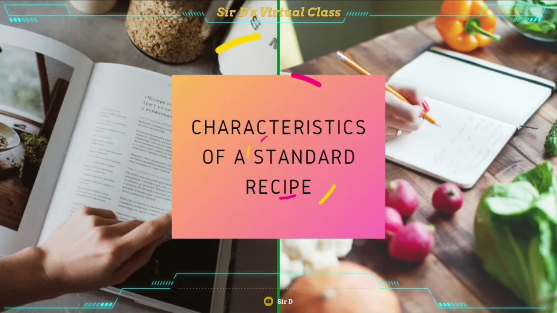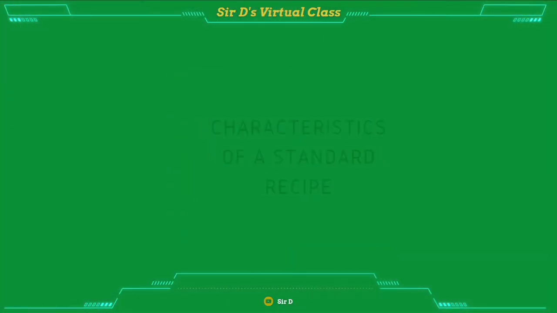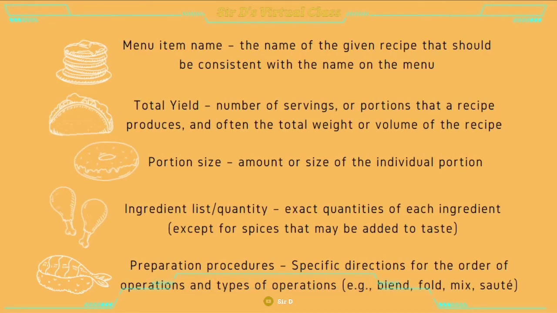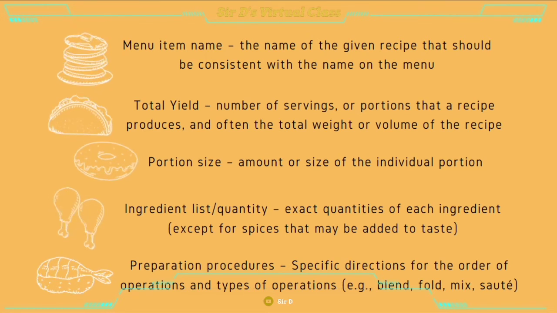Characteristics of a standard recipe. Our standard recipe should have menu item name, the name of the given recipe that should be consistent with the name of the menu. Total yield. This pertains to the number of servings or portions that a recipe produces, and often the total weight or volume of the recipe. Portion size.